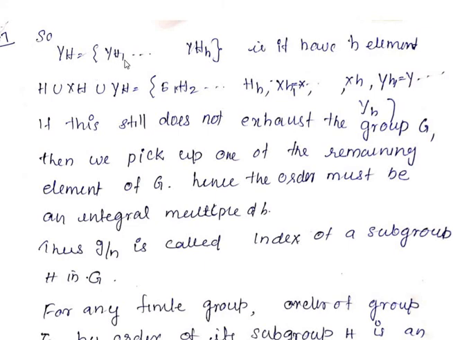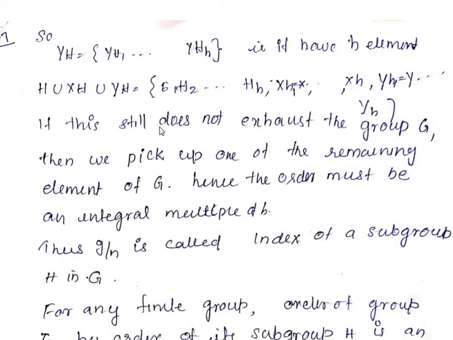So yH is equal to yH1, yH2, etc. yHh, so it has h elements. So the union H, xH, yH will give you E, H1, H2, H3, etc. Hh, xH1, xH2, etc. xHh, then another yH1, yH2, etc. yHh.